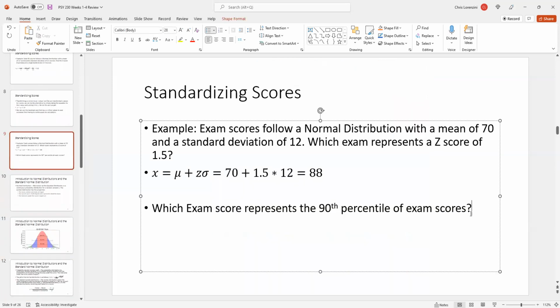So we would come back here and basically just say the 90th percentile is represented by Z equals 1.28. And then we would use this equation we just had here to find out what that measurement value was.